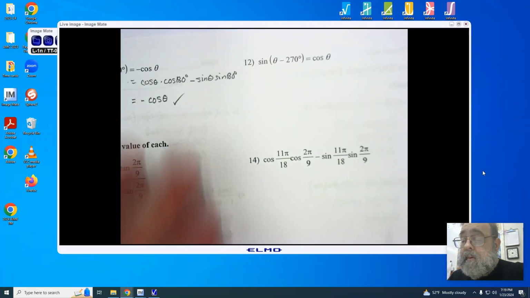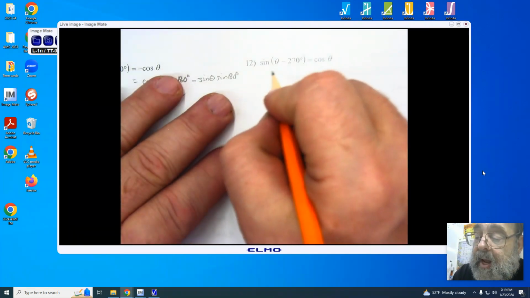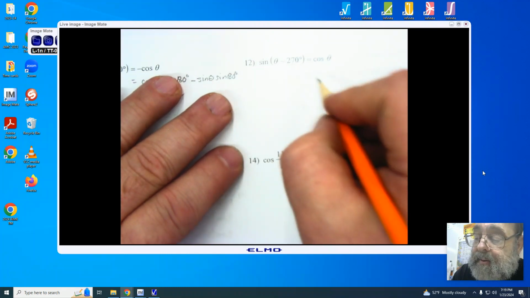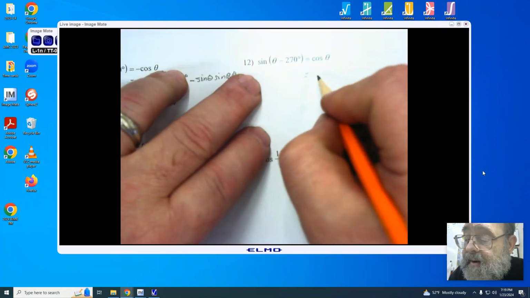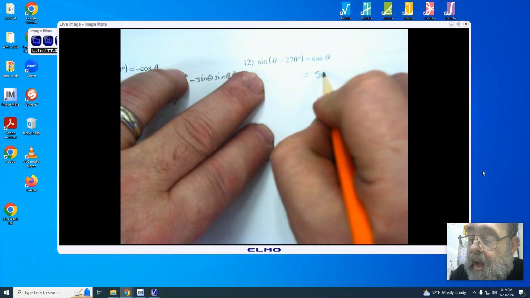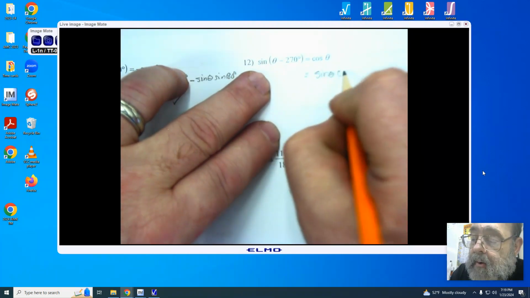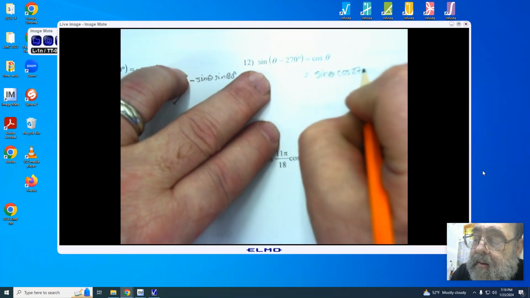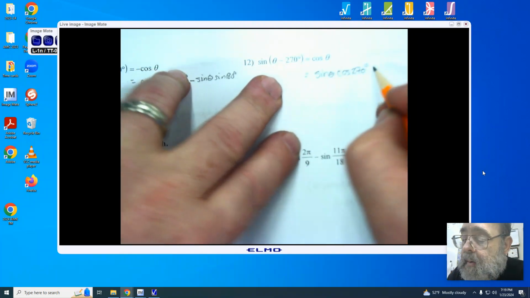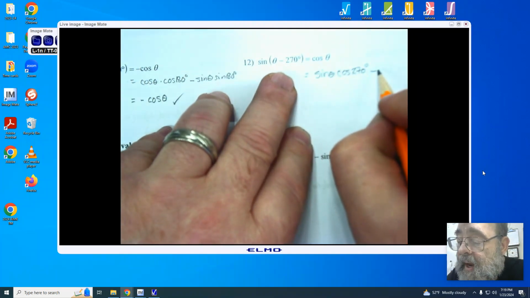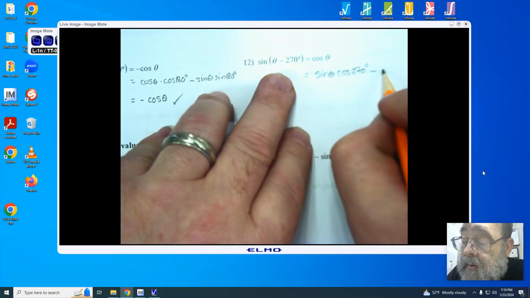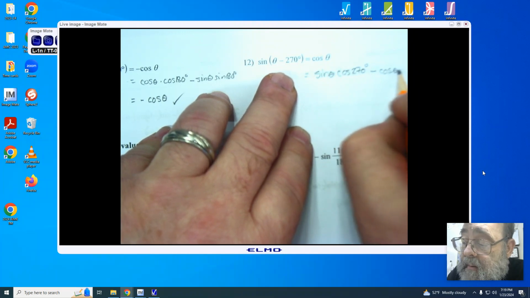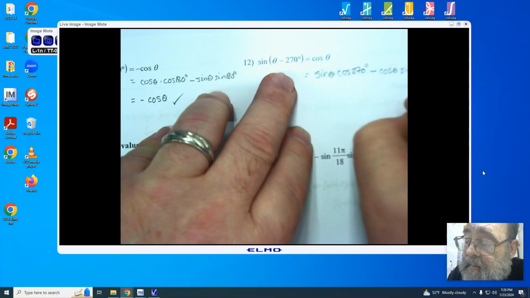12. We're dealing with a sine with a minus. So I'm going to be doing that difference formula. Sine of theta, cosine of 270 degrees, we have a minus, and then I have the cosine of theta, and then I have the sine of 270.